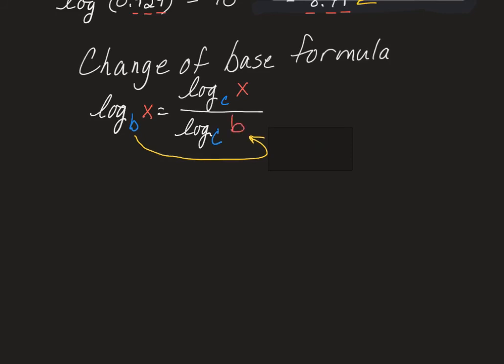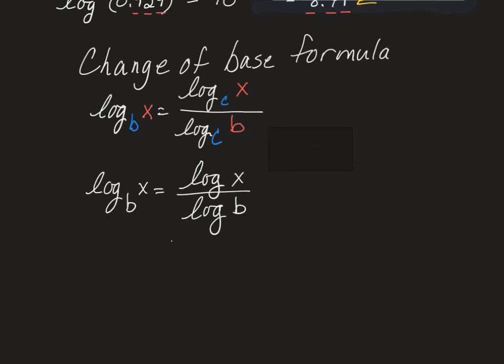So if you just want to use the common log, because it's easy to do on your calculator, I'm going to remove the colors from this now. The log base B of x, whatever you have there, you can convert it to the common log of x over the common log of b.